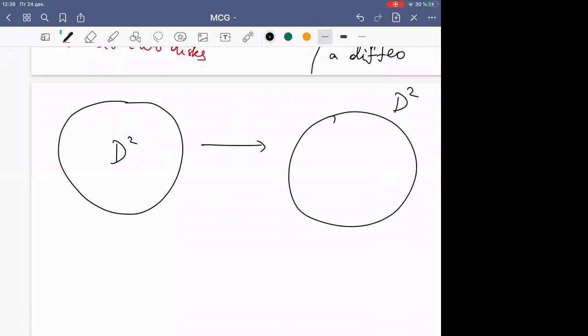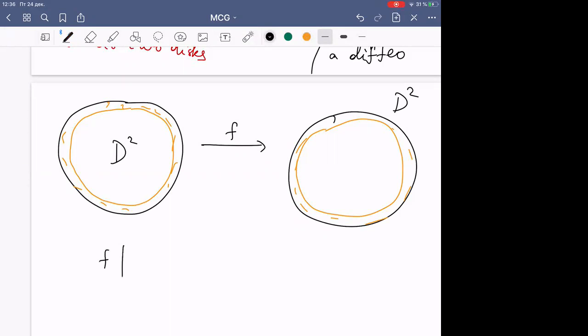So our problem reduces to the following: we have a mapping from a disk to a disk. This mapping, F, is known to be a diffeomorphism on some regular neighborhoods of the boundary.